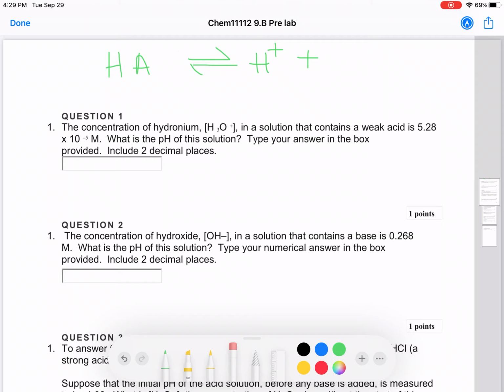Okay, and also we can represent this as an equilibrium, because the forward and the backward reactions are not up to the same amount.